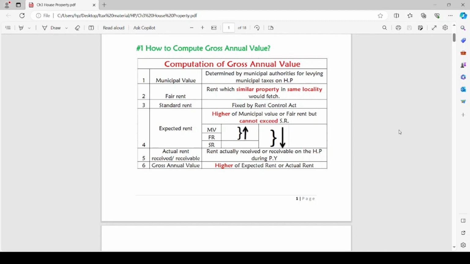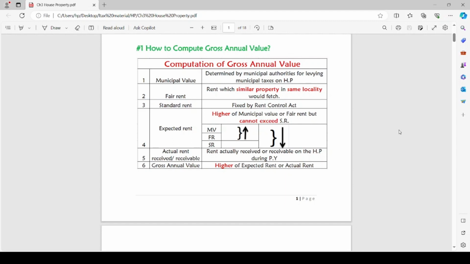So the lowest of standard rent or higher of municipal value or fair rental value is expected rent. First we compare municipal value and fair rental value and take the figure which is higher. With that higher figure, we compare standard rent and we take the lowest of both, that is expected rent.